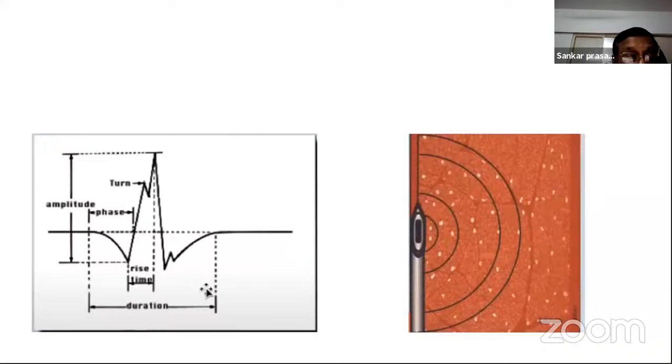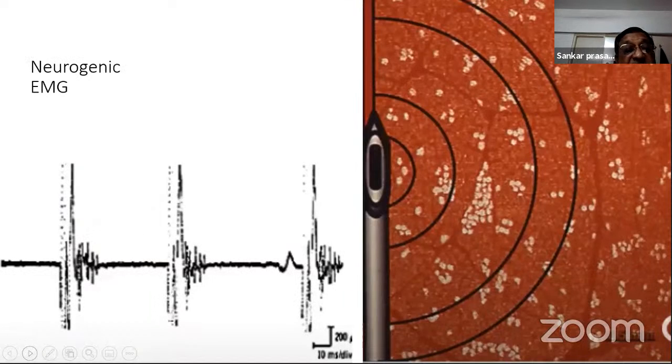For example, if it is a myopathic EMG, then you have low amplitude, polyphasic, and complete interference pattern in the EMG. Now the neurogenic EMG: you see that here the muscle fibers, what happens is the nearby axons also start innervating. Now you see a grouping has taken place here. This is now more than one muscle fiber; that is, groups of muscle fibers from the neighboring motor units are grouping together.